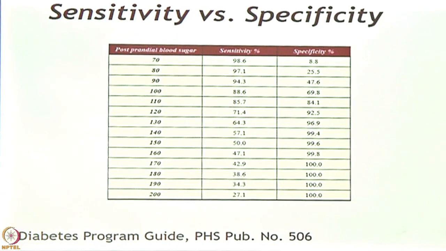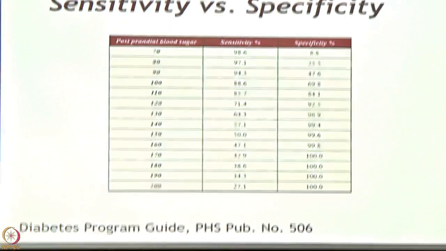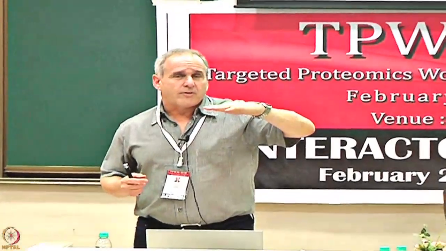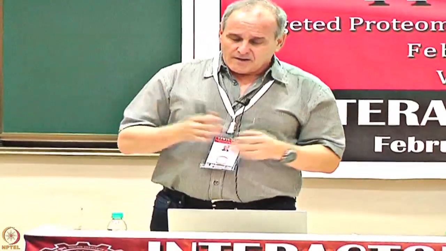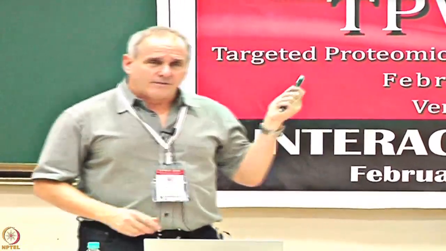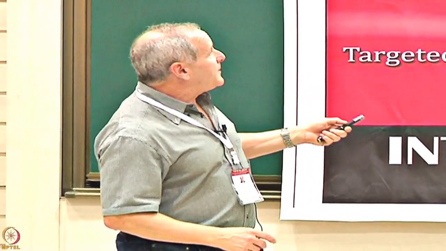If it's below this value, I'm going to say it's negative, all right? And the challenge is that as you elevate or decrease that number, you will alter both the sensitivity and the specificity, and oftentimes in opposing ways.